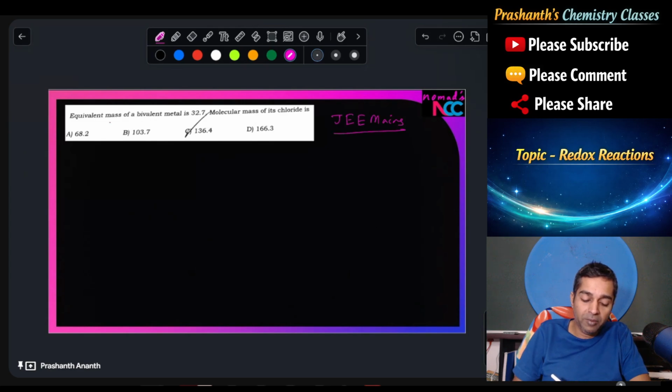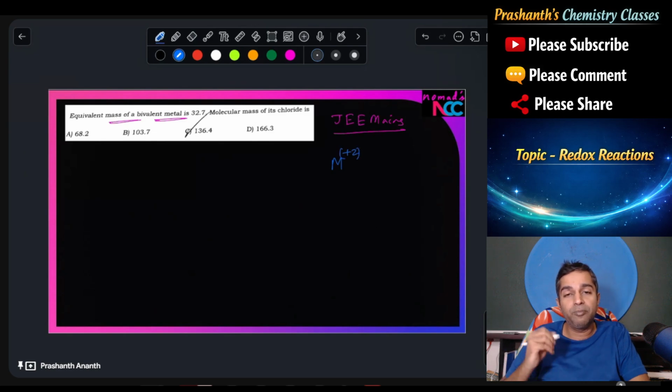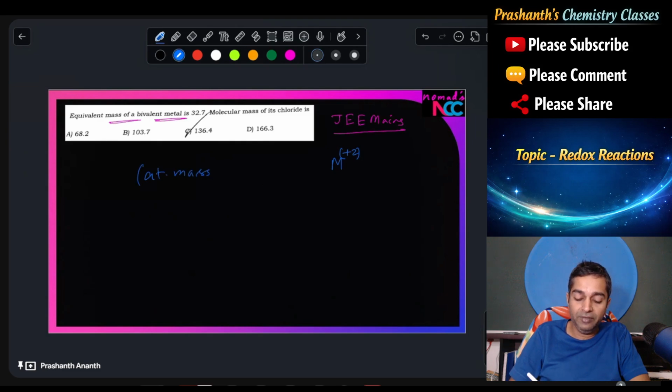The equivalent mass of a bivalent metal. The moment they say it's a bivalent metal, that means the metal should be something which will basically be having a charge of +2. Meaning the atomic mass of the metal will effectively be equivalent weight into 2.